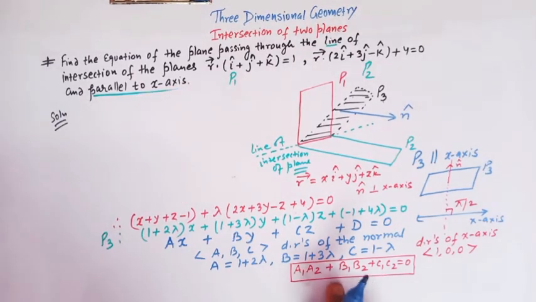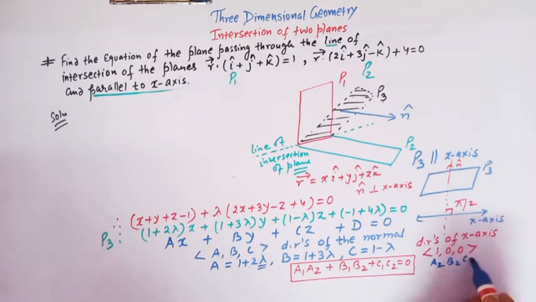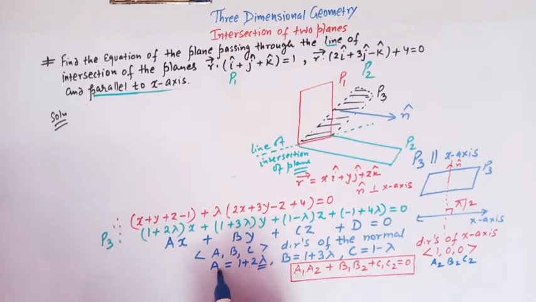So now therefore from this condition we can find out this lambda, right? So a1, b1 and c1 are given by these quantities, and a2, b2 and c2 are given by the direction ratios of x-axis, right? So now we have these quantities as a1, b1 and c1, and a2, b2, c2 is 1, 0, 0, right?